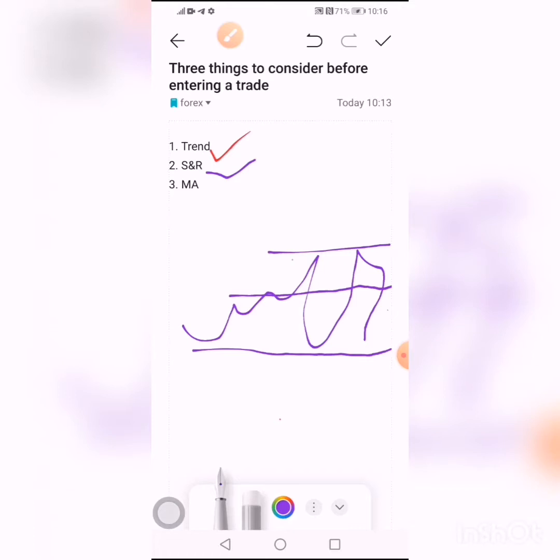So what I'll wait for is for the market to break this line and close below it, come down, hit it back again. And when it starts reversing, then I'll jump into the trade.